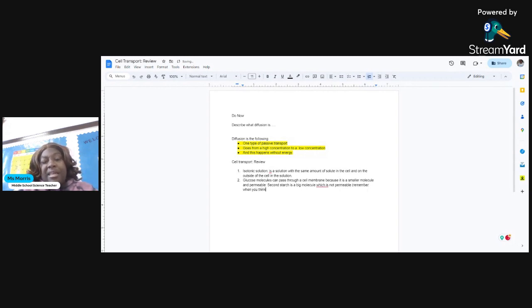This is the thing to remember. When you think about the shape of a hexagon, which I'll find an actual hexagon for you guys to insert so you guys can have a better understanding. As a matter of fact, I will insert glucose in here for you so you can see what it looks like. Because I want you guys to see what it looks like so you can know.